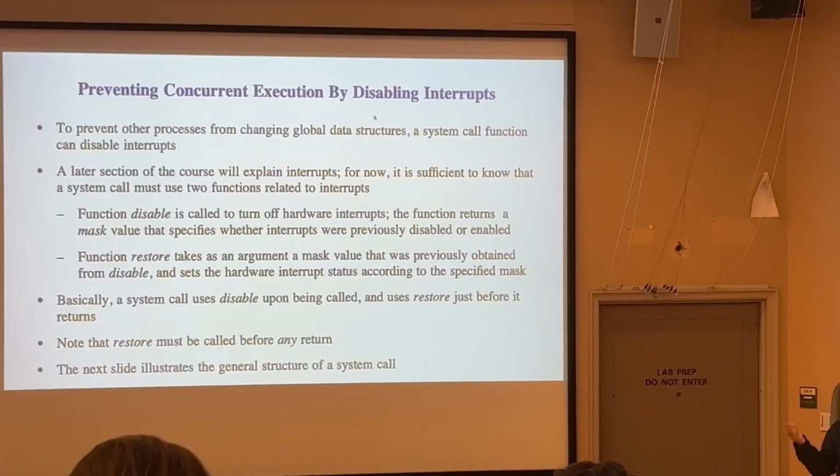That's essentially how most concurrency issues happen. And because of that, the most obvious solution, disabling interrupts, prevents a process from being scheduled out. If you disable interrupts, then this process will hold the CPU until interrupts are enabled.